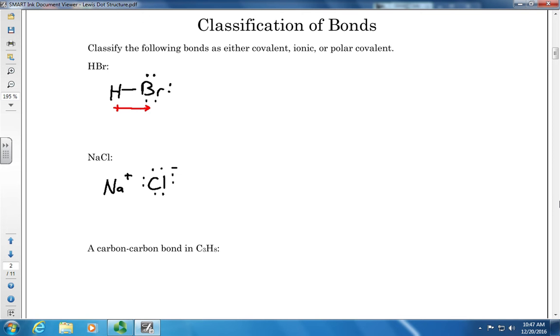The idea being that they're attracted to each other through their ionic charges, rather than there being what we would term a formal bond between sodium and chlorine. So we've got a polar covalent in hydrogen bromide. We've got an ionic in sodium chloride.